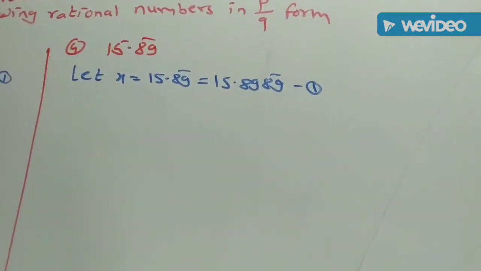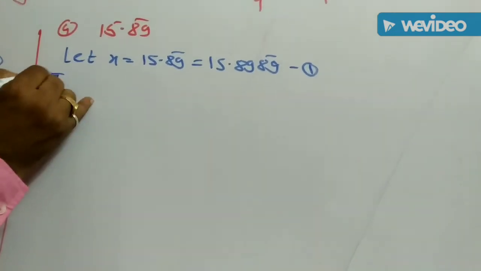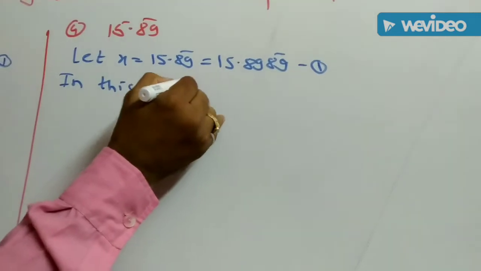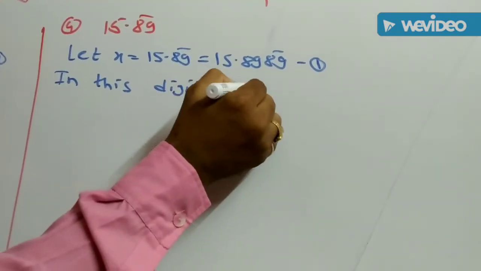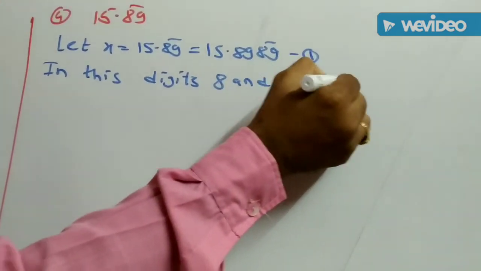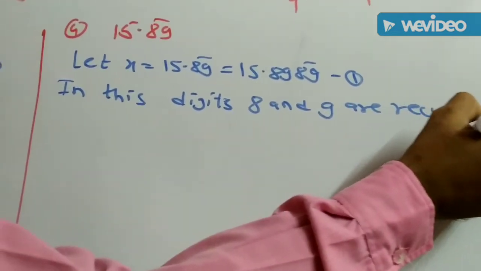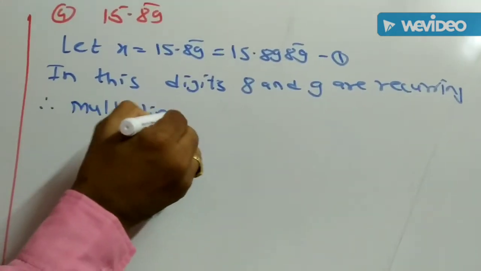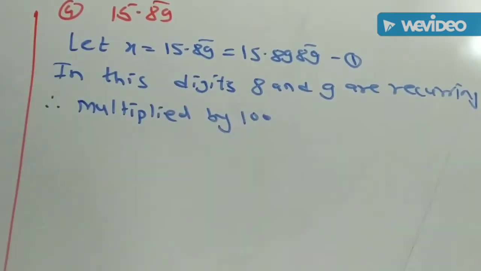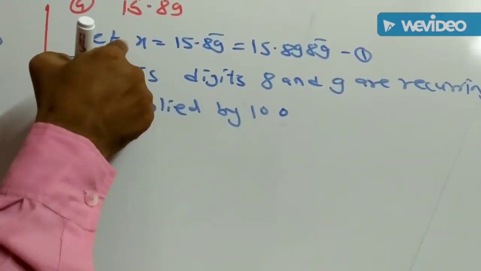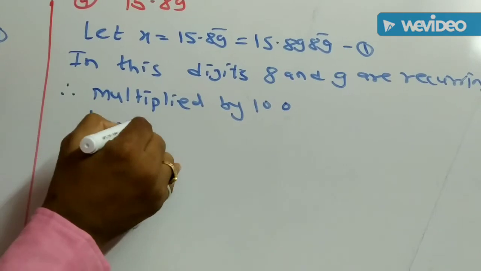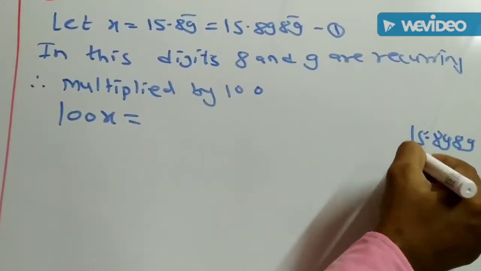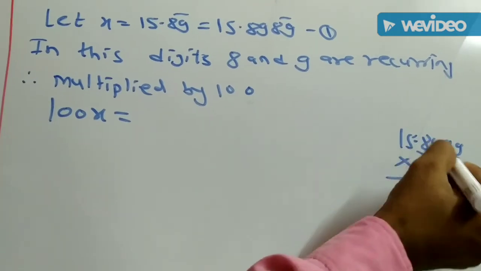Again in this example, 2 digits, that is 8 and 9, are recurring. 2 digits are recurring, therefore multiplied by 100, we get 100 into x, 100x is equal to 15.89 into 100. Again 2 decimal points get shifted to the right.